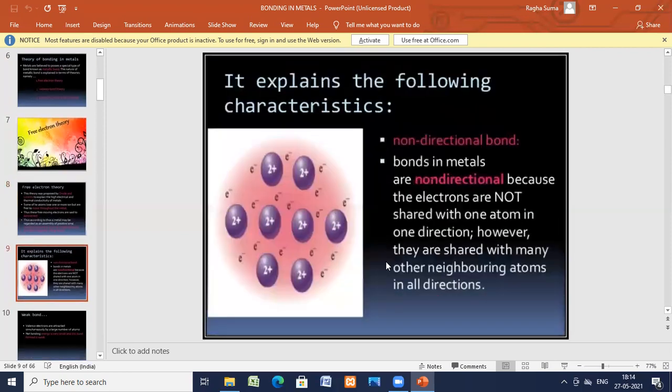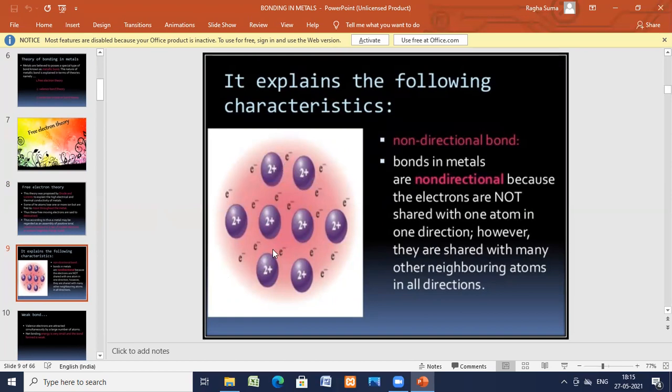Here you can see the diagram of the free electron gas model. You can imagine a watermelon, with the black seeds spread in between. In a similar fashion, the electrons are there in the metal, moving freely around the nuclei.